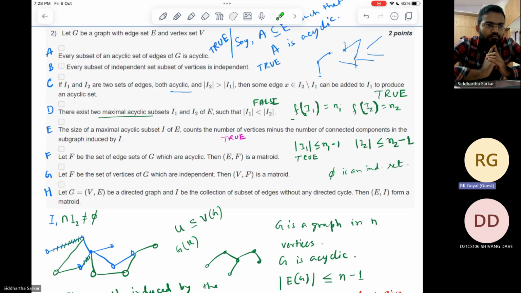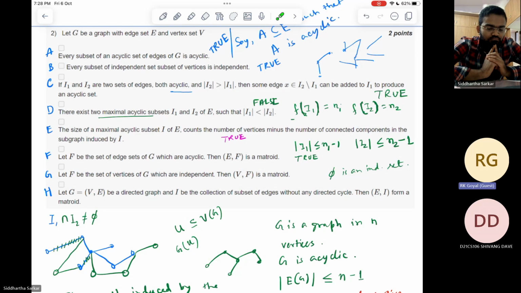And what if both the sets are disjoint, both are disjoint sets of independent vertices? If I pick a vertex from there and include it here, will it still remain independent?